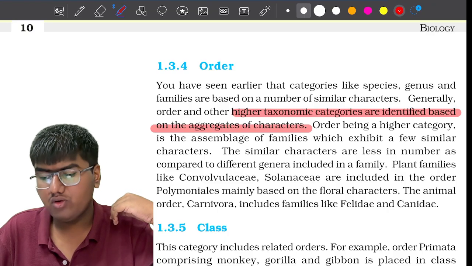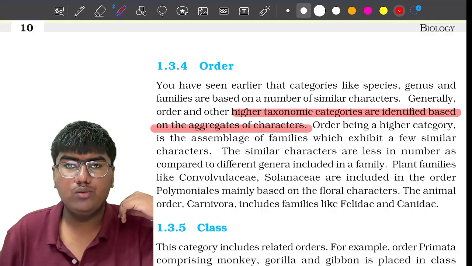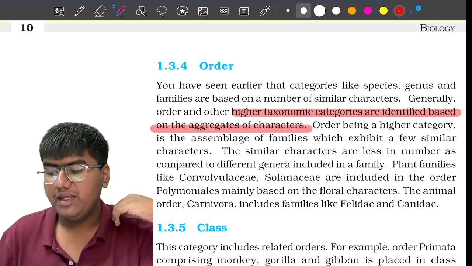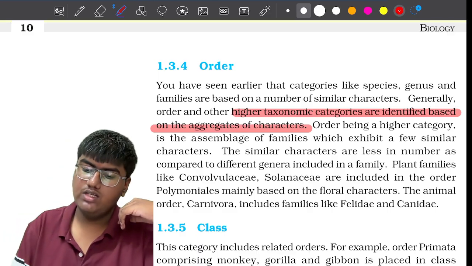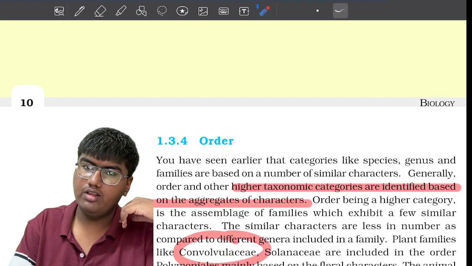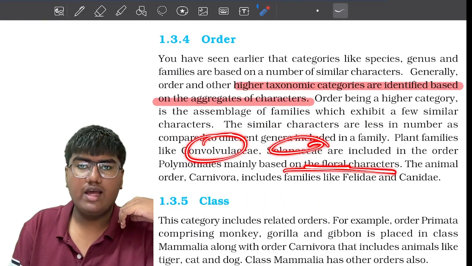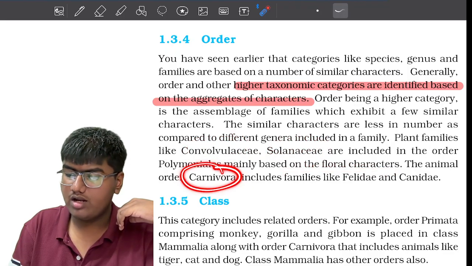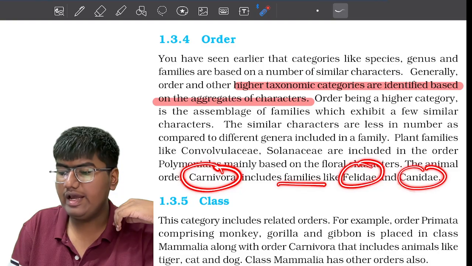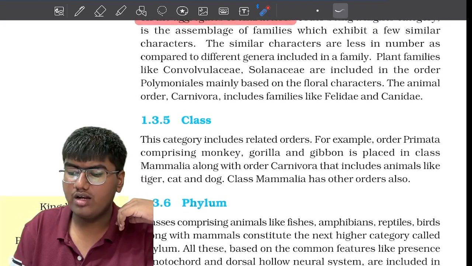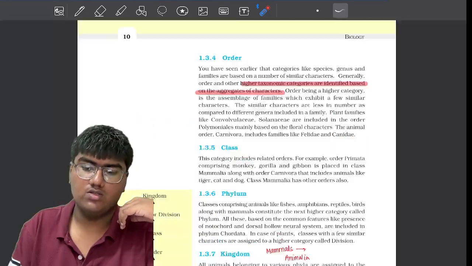Plant families like Convolvulaceae and Solanaceae are included in the order Polemoniales, mainly based on floral characters. The animal order Carnivora includes families like Felidae and Canidae. These are the two families included in the order Carnivora that we just saw in the class.